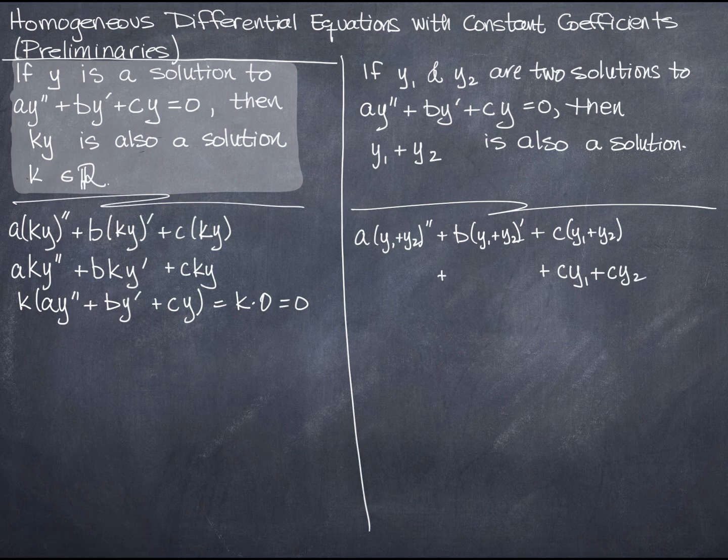My second term is b times the derivative of a sum. Well, if I have two functions, f of x and g of x, and I take the derivative of that sum, that's just the sum of the derivatives. So that's going to be b times y1 prime plus y2 prime. And the same is true with the second derivative, because I'm just taking the derivative of the sum twice. So I have y1 double prime plus y2 double prime, and then I can just distribute.